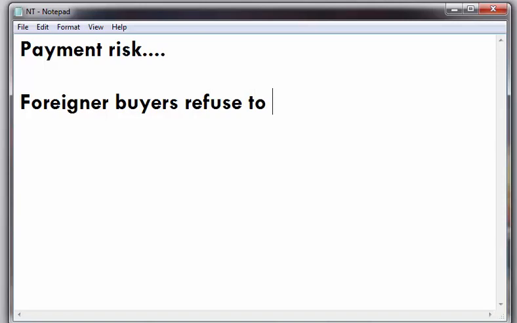This usually happens when you don't know the right payment method to use. Foreign buyers, when they see you as a newcomer, try everything to get the product first before they pay you money. And if things like this happen, the buyer might delay your money. He might refuse to pay you on time.